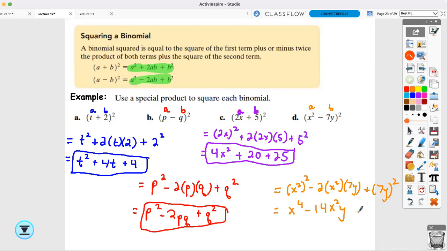And then last but not least, (7y) squared is pretty much 7y times 7y, which is 49y squared. And we're done. What questions do you guys have for this lesson?